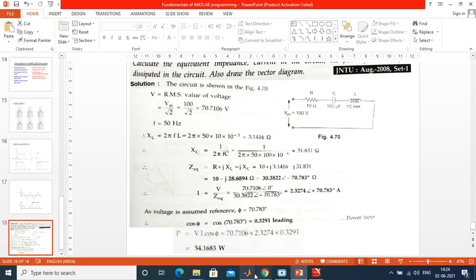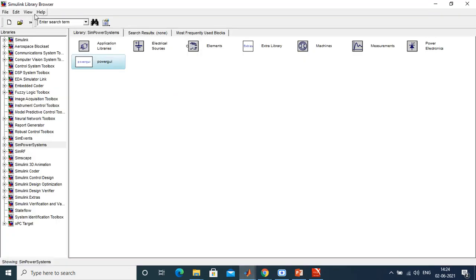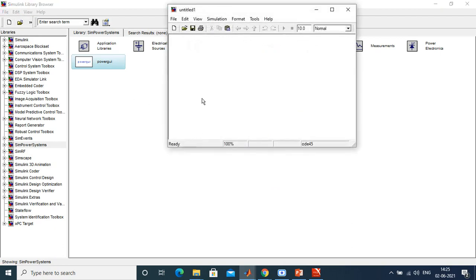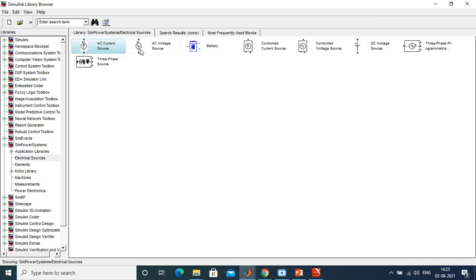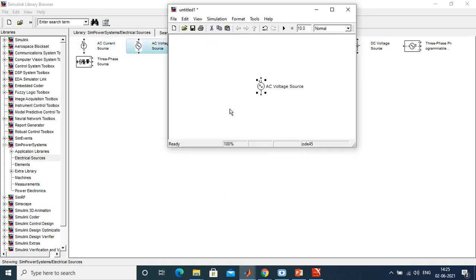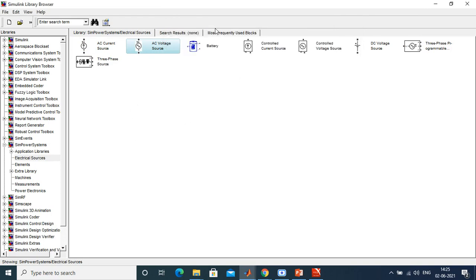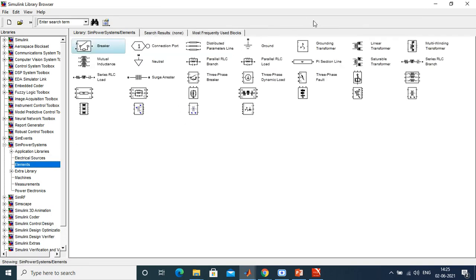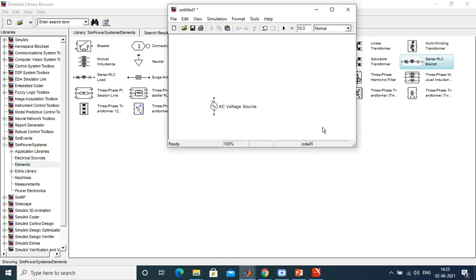So I will go to MATLAB Simulink and take a new file, new MDL file. Now go to the sources. Now I need a voltage source, add to untitled. So this is a voltage source. The next one is, I need elements, series RLC branch.